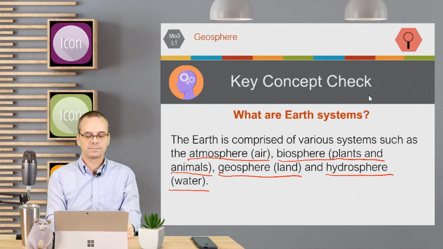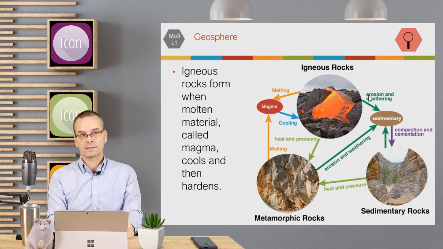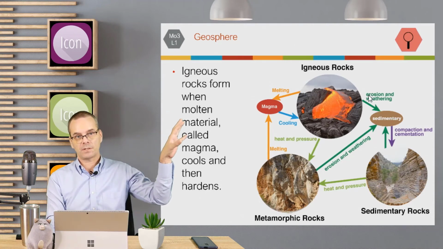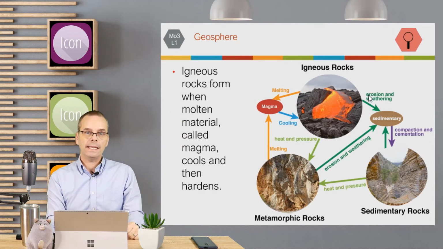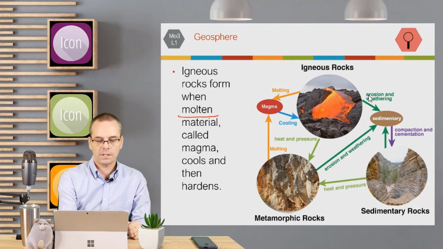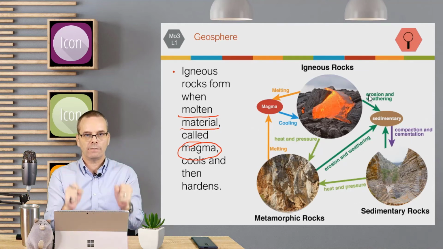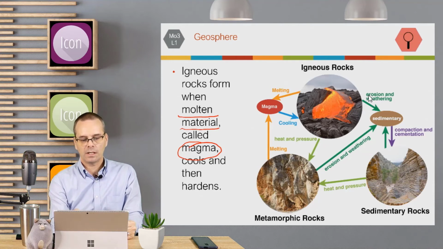Now, when we talk about those igneous rocks, remember we talked about the three main types of rock? Igneous rocks are formed when molten material, and we call that magma, starts to cool down, it gets hard. All right? Now, magma is what comes out of a volcano.